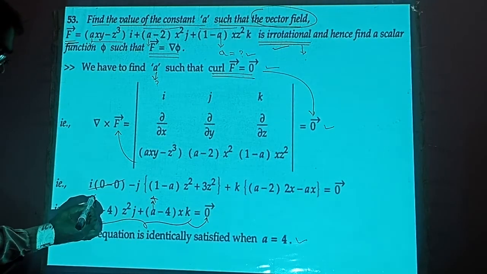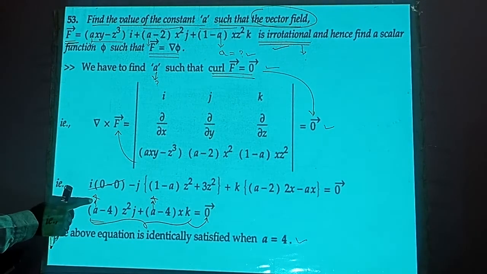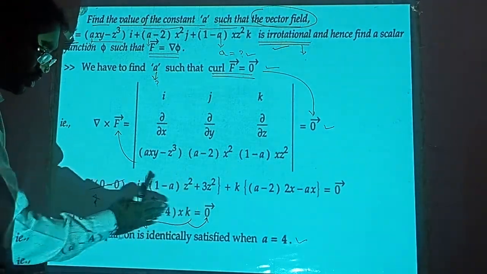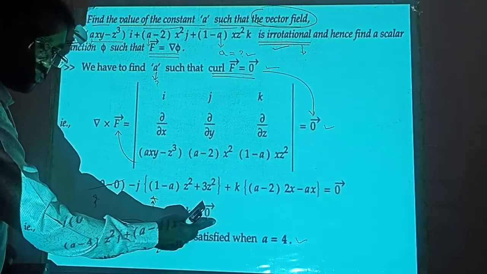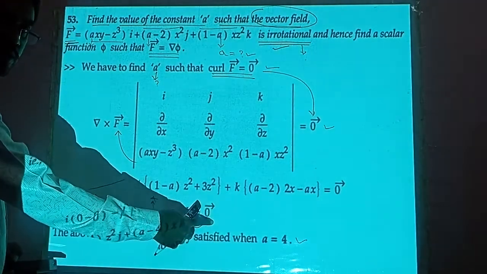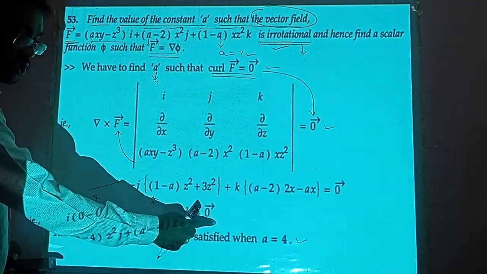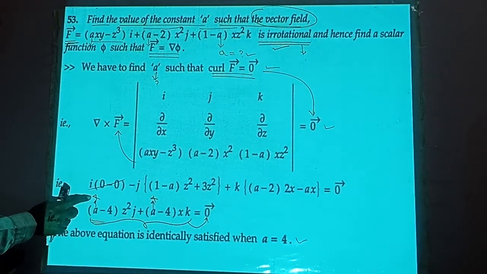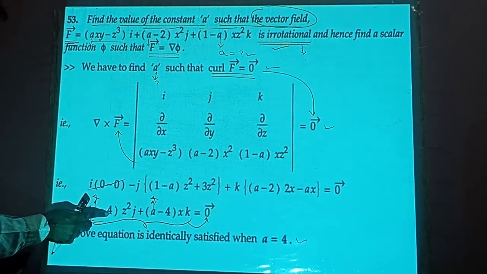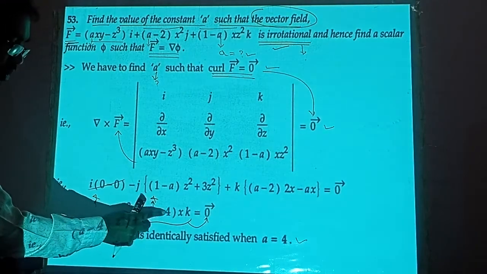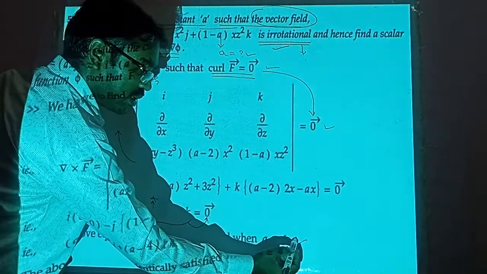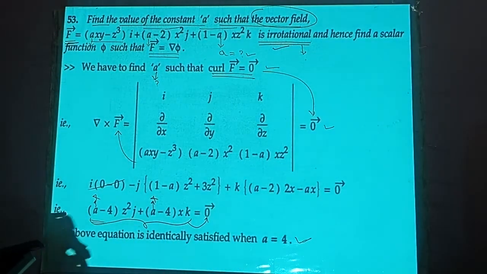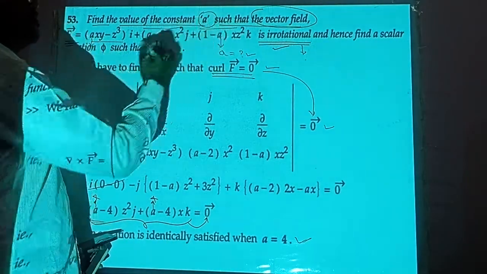That means 4 minus 4 will go to 0. Everything will go to 0. We want the answer 0 because the condition says RHS is 0. To make RHS 0, our a should be 4. So that 4 minus 4 is 0. So we can conclude that a is 4. So we got the value of a as 4.